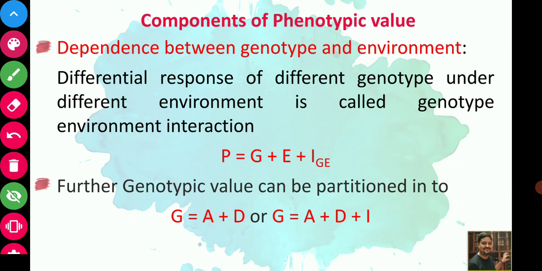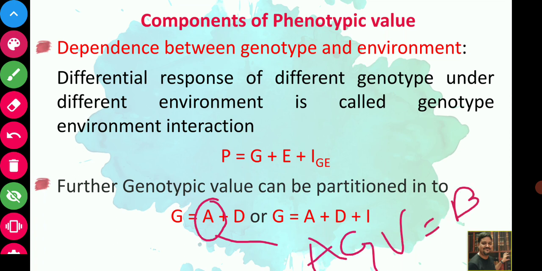So that is why additive genetic value is also known as breeding value. Why breeding value? Because only this component is getting transmitted to the next generation.